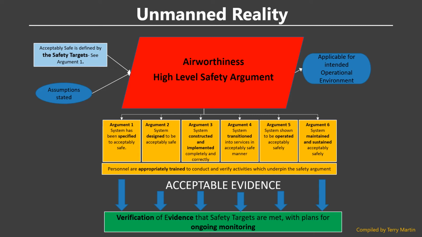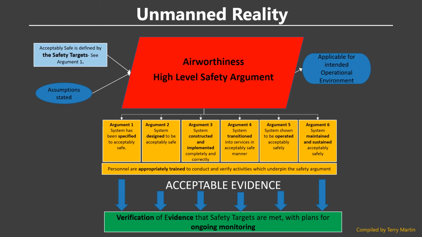So sitting at the top of this particular diagram is consideration for the intended operational environment, meaning that you shouldn't operate a platform in a manner that is not in accordance with its design basis.